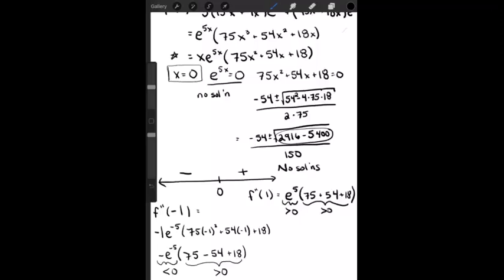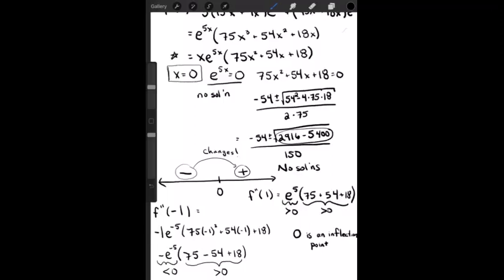So, since we have a -1 on one side, so since it goes from negative to positive, then it's an inflection point.